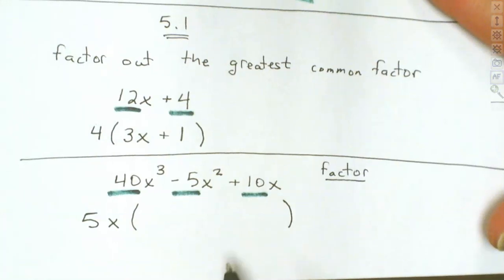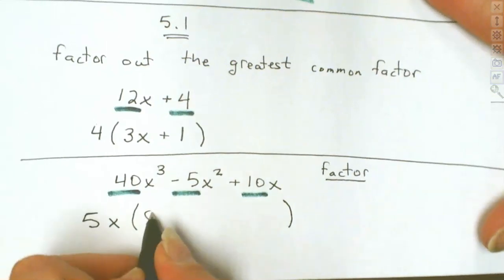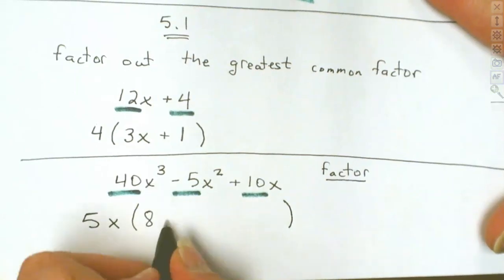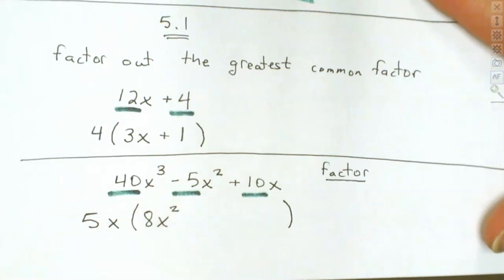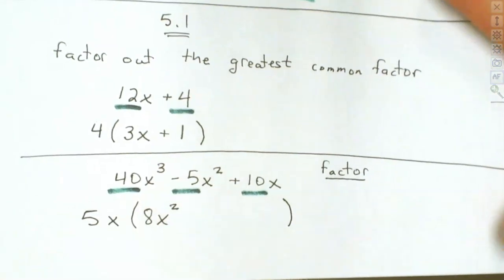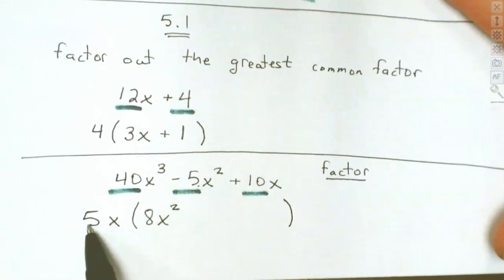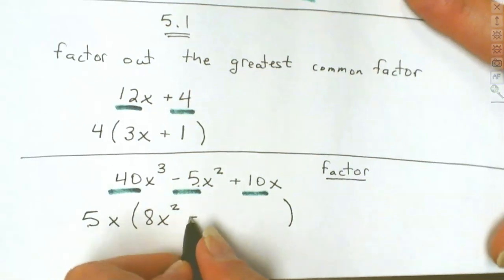So let's work on this one. Okay, 40 divided by 5. Well, 40 divided by 5 leaves you with an 8. X cubed, we're taking out an x, so that leaves you with an x squared. -5 divided by 5 is a -1.